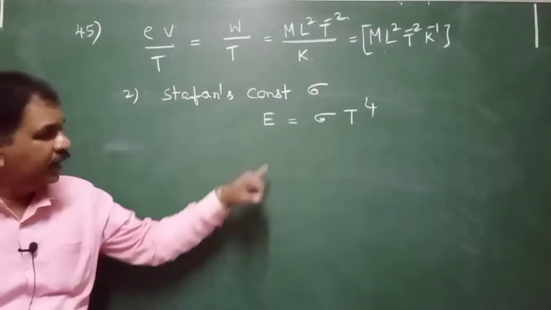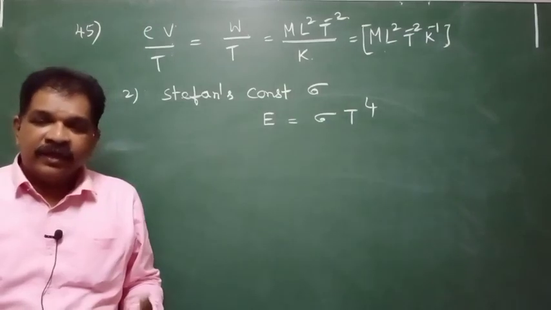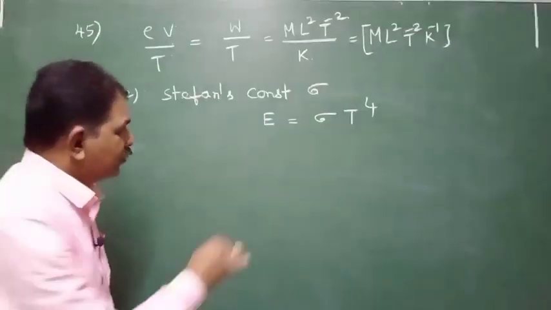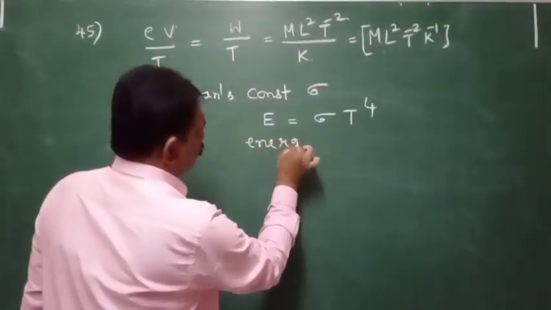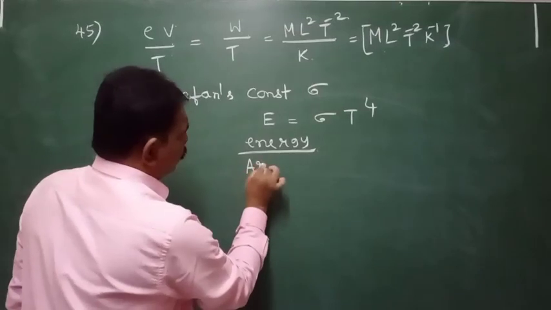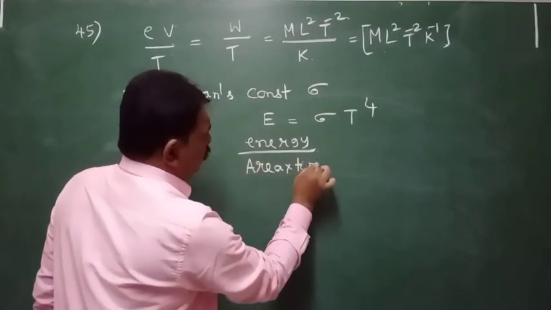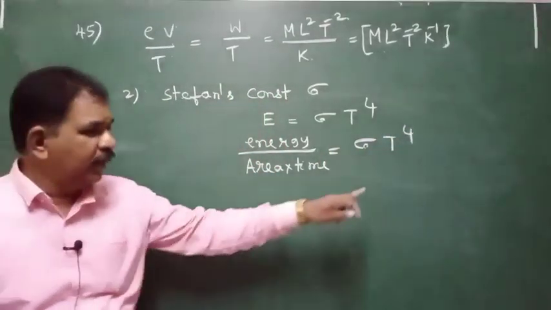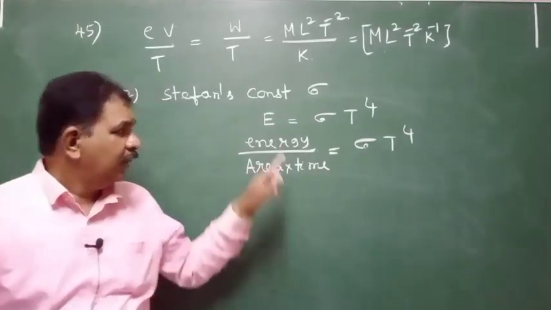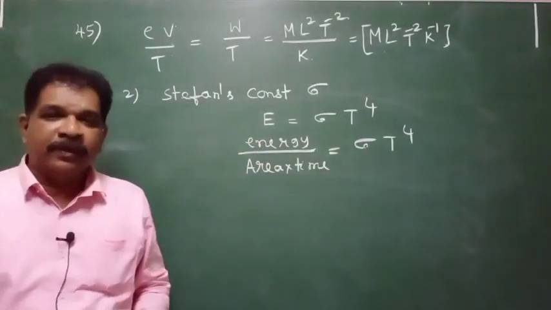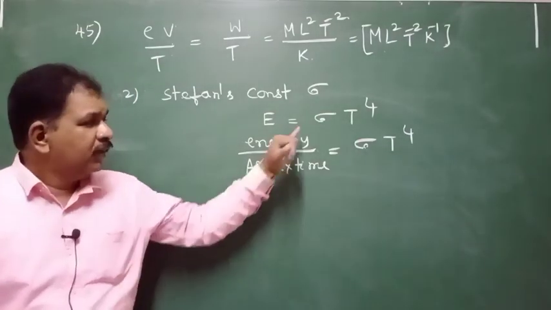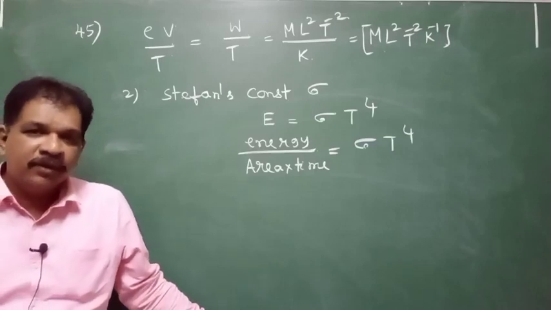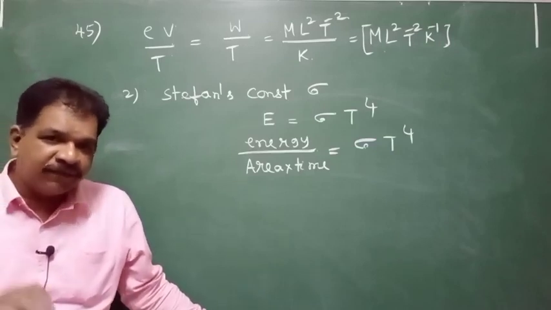Here E is not energy; the energy emitted per unit area per unit time is called E. So this is energy by area into time, equals sigma into T power 4. T is temperature here. Energy emitted per unit area per unit time is directly proportional to the fourth power of its absolute temperature for a black body, that is Stefan's law.